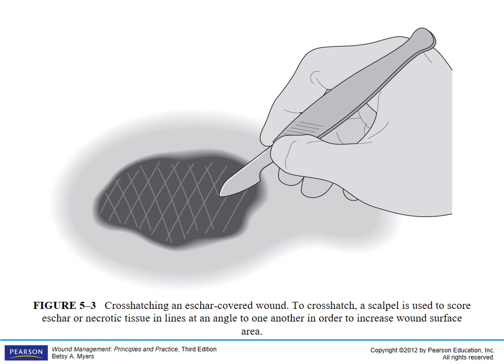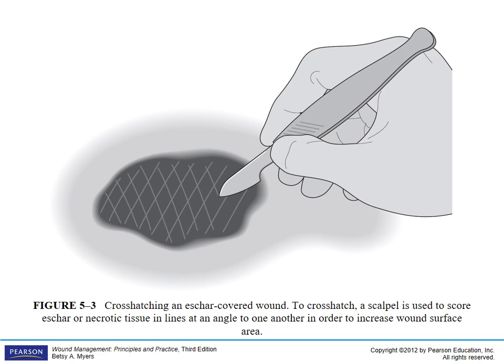This is what I talked about a little bit earlier, cross-hatching, which we will do when we do the debridement lab. So you cross-hatch, you score the eschar and the necrotic lines. There are a number of things that you can do by cross-hatching.